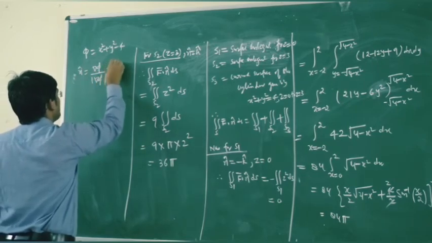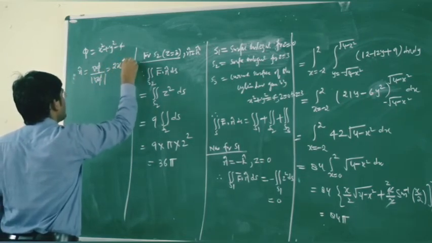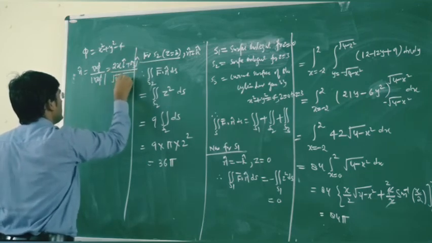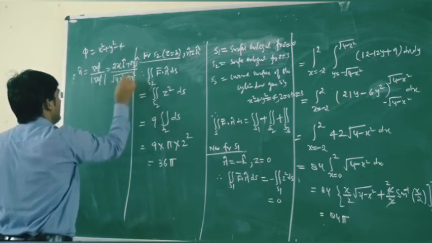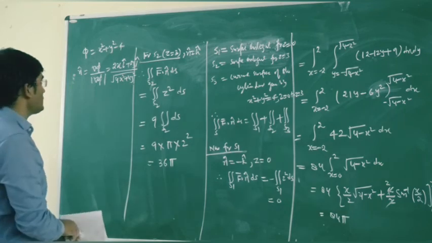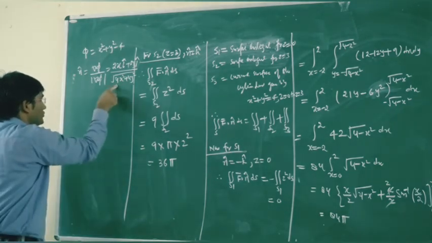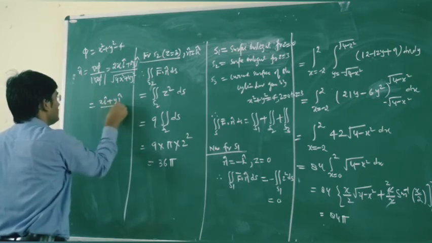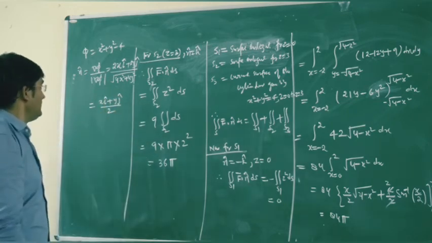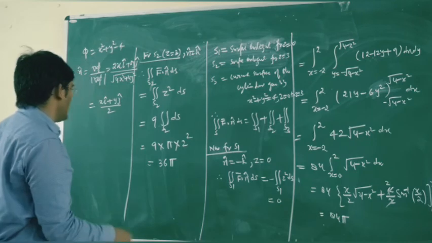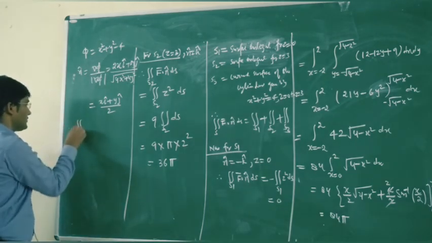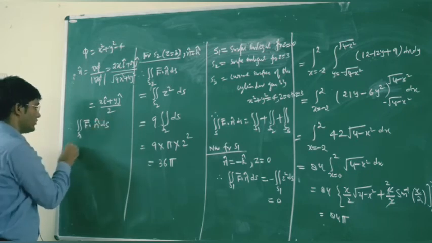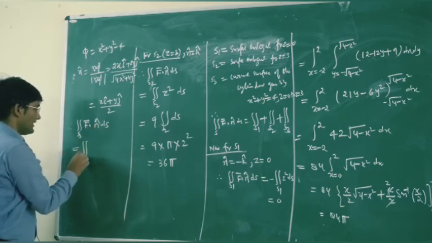So this is equal to 2xi plus 2yj upon the square root of 4x square plus 4y square, and again x square plus y square equal to 4, so this will be 16. So we have xi plus yj divided by 2. So we have n. Now let us evaluate. Therefore the integral over S3 of F dot n dS will be equal to the integral over S3.